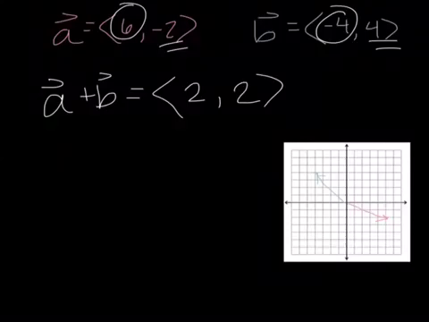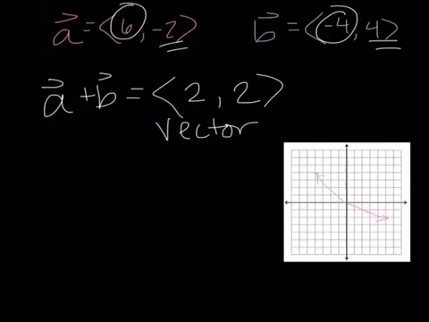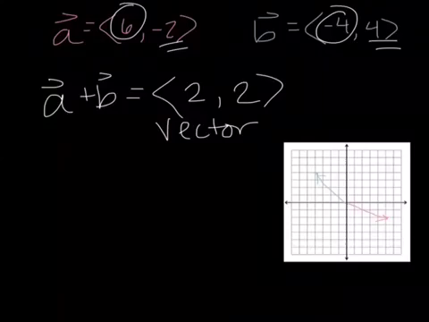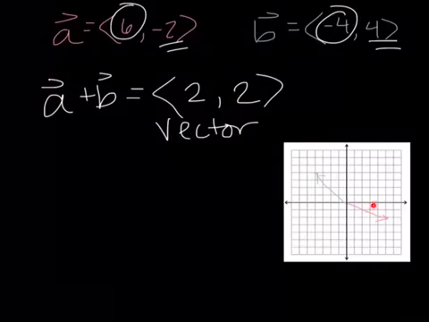So when you add two vectors together, your answer is another vector. It has length and it has direction, just like the other ones do. If you think about this on a graph, vector A goes out 6 and down 2.